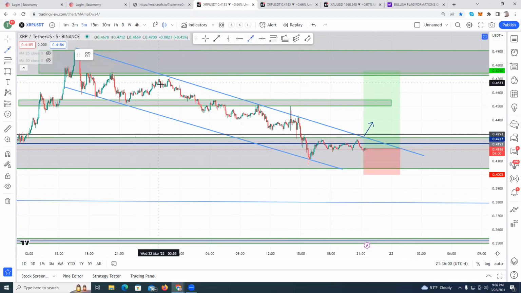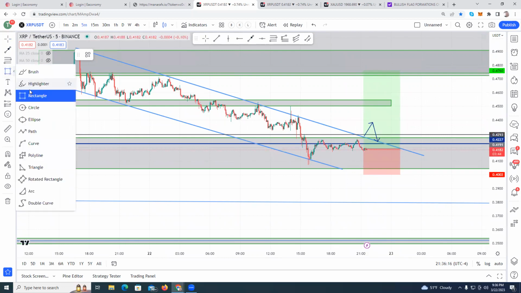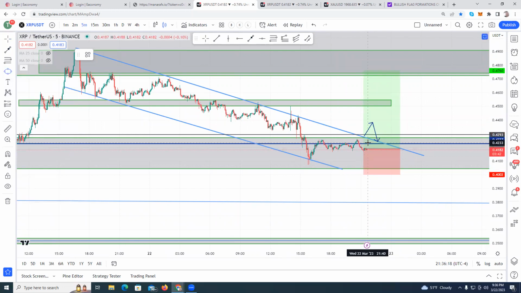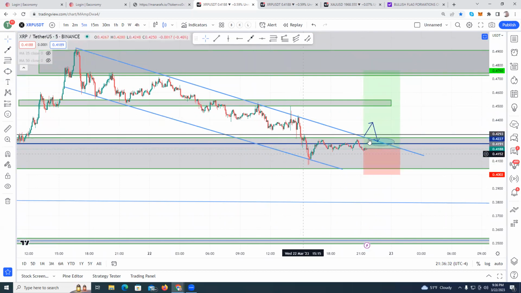And because price had been respecting it so strongly and consistently throughout this whole move, once it breaks it, I do anticipate price to pull back to the channel, and this would be your optimal entry, right? So you would look to get in the market if you see confirmation, maybe a bullish engulfing candle, maybe a doji, back-to-back dojis, or some type of rejection here, after price breaks out of this channel, comes back, retest.